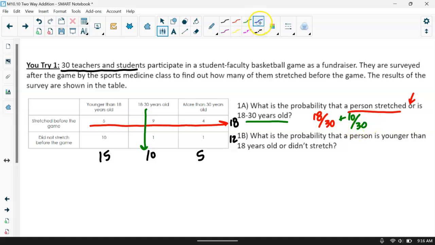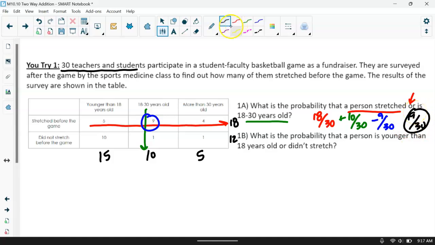Then what was the overlap that you need to subtract out of the 30 that you counted twice? The 9 people who stretched and are 18 to 30. That's why you should have gotten 19 out of 30 as your probability.